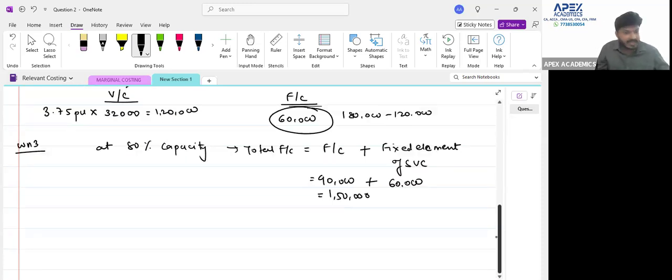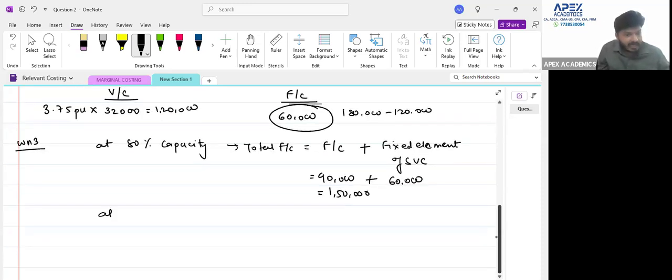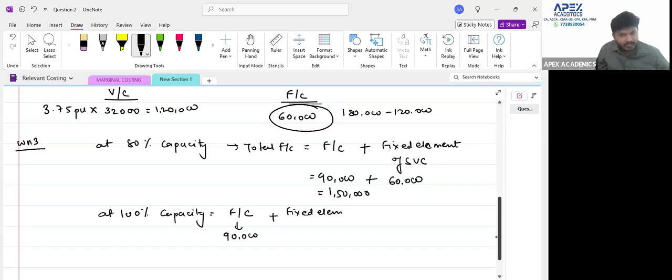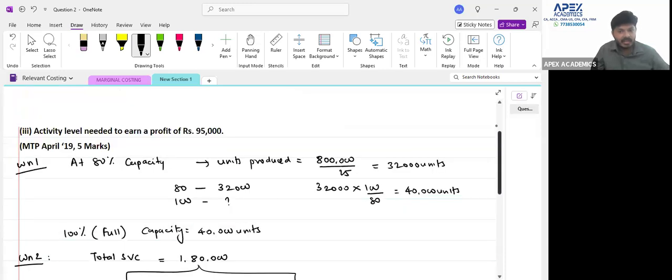Now in this, my second working note will come at how much? At 100% capacity, I will have my fixed cost of 90,000. I will have my fixed element of SVC that stays fixed at 60,000. And I will have an additional element.